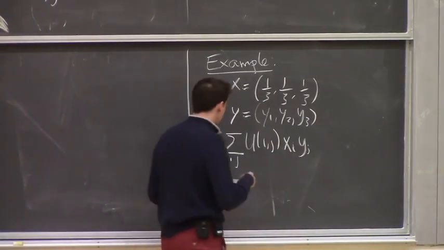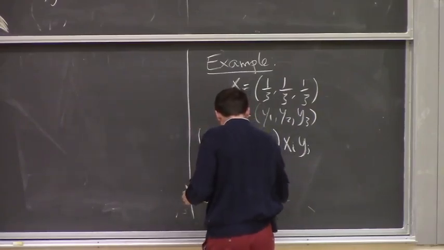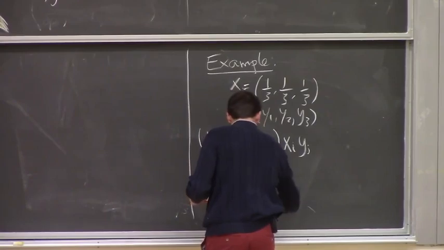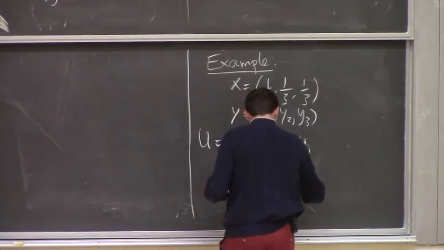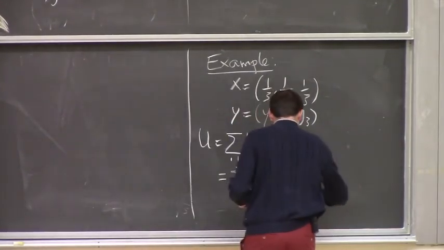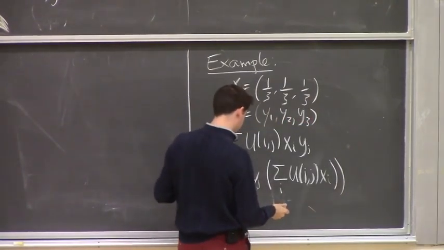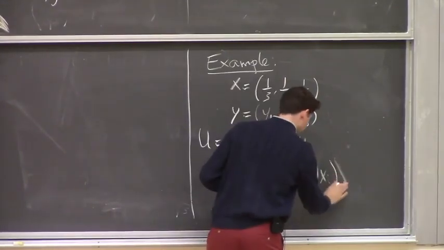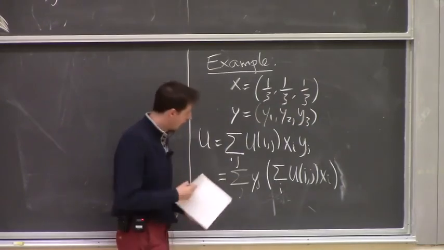So I can rewrite this as: let's sum over j, y_j, and then I have an inner sum over i. I'm just reordering terms.